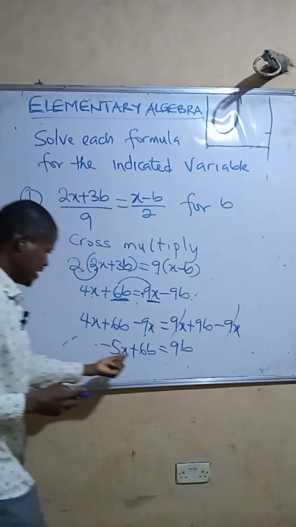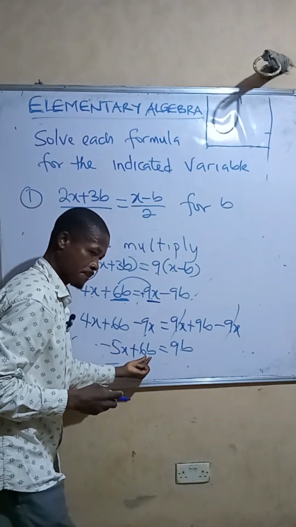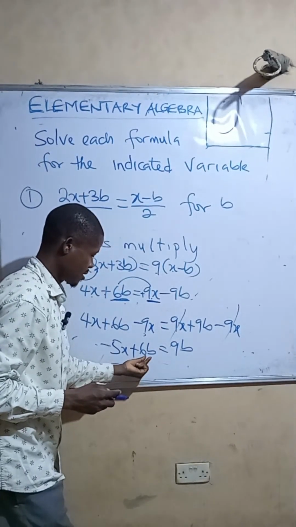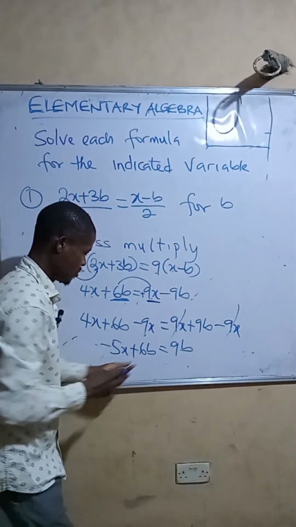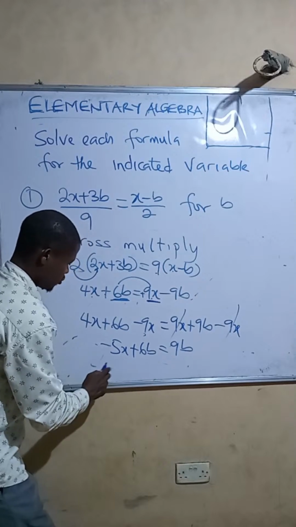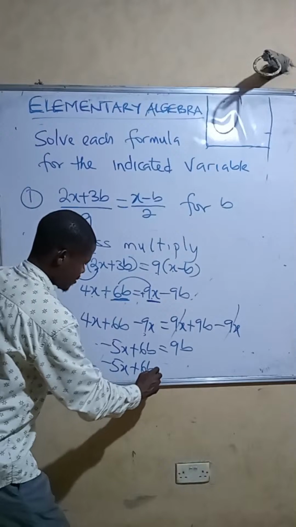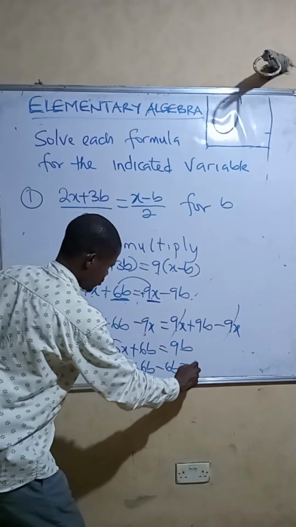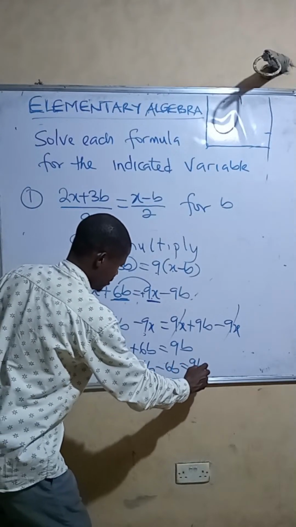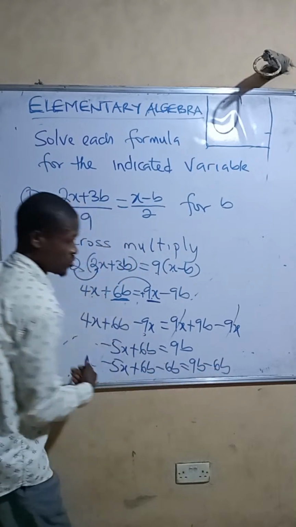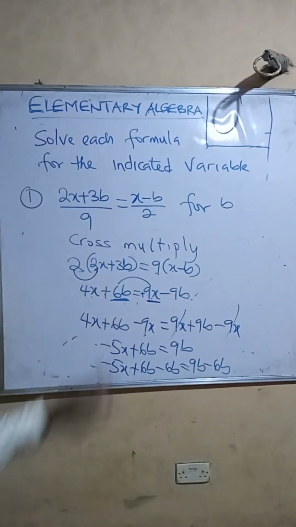Then I don't want this 6b here. I'm going to minus 6b. Minus 5x plus 6b minus 6b equal to 9b minus 6b. Whatever I do on one side must be done on the other side.